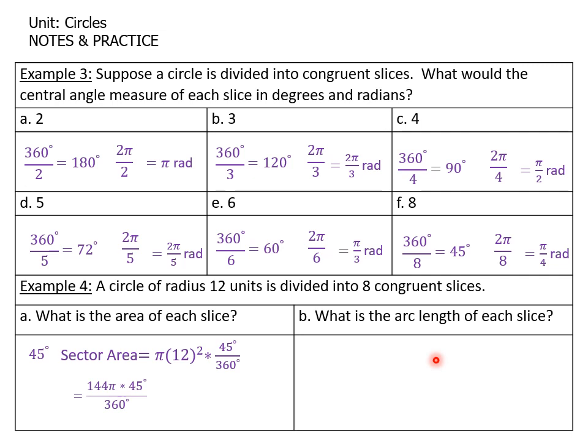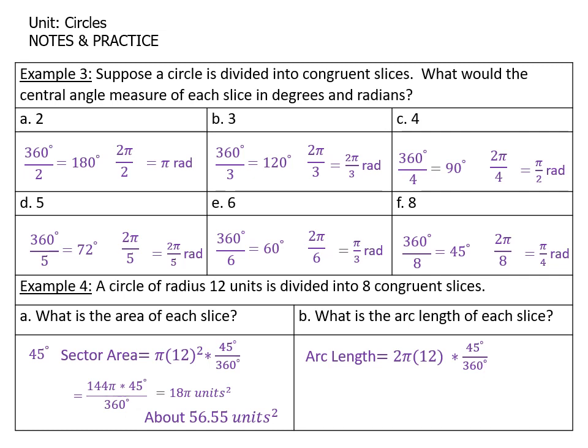So 144 pi times 45 over 360, that simplifies to 18 pi units squared. Oh, and I almost forgot, 18 pi units squared is about 56.55 units squared.